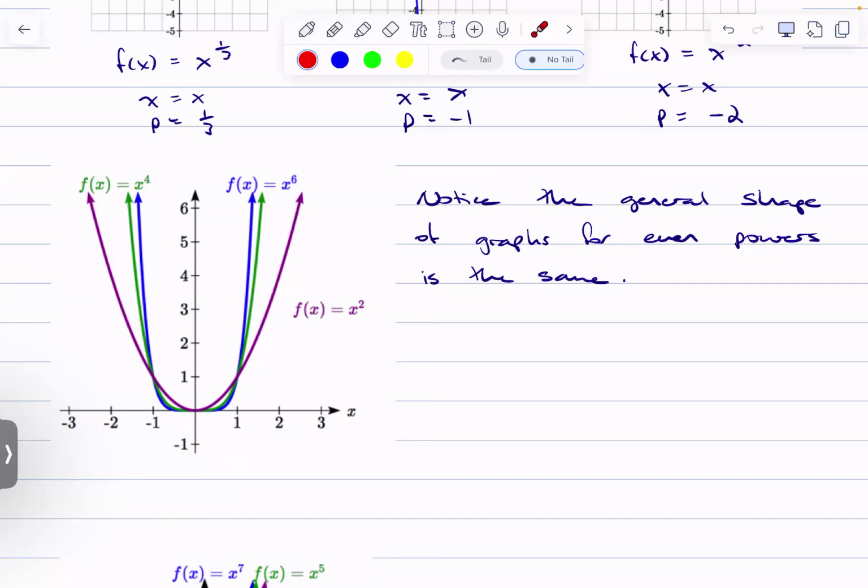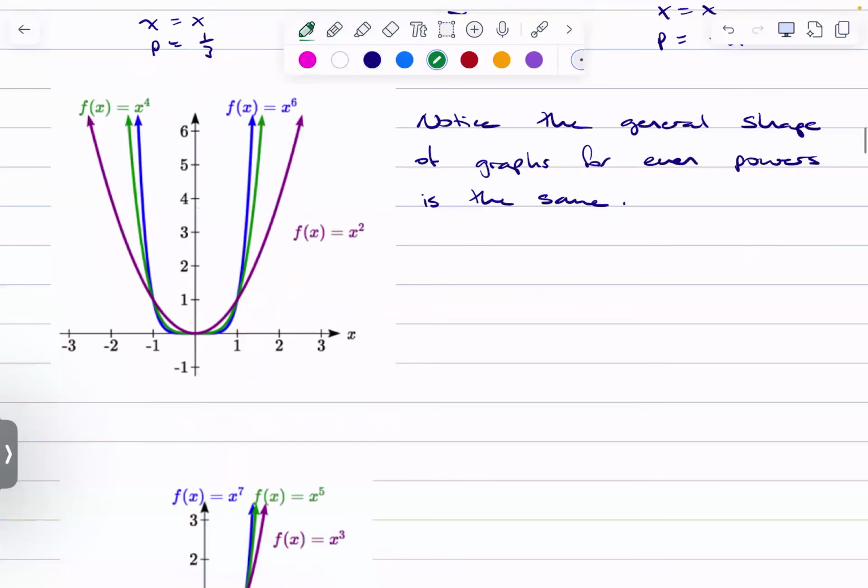The higher the power, it's just going to get to infinity faster. But they'll all get to infinity eventually. So this means they have the same end behavior.